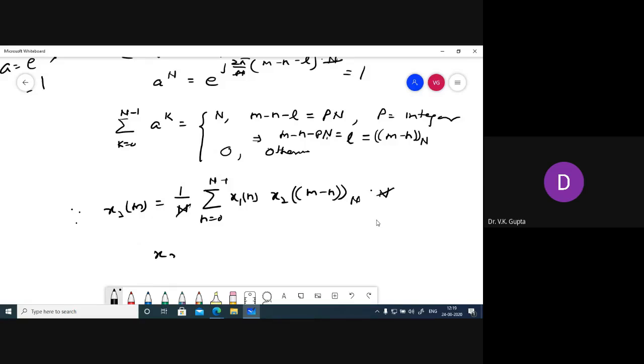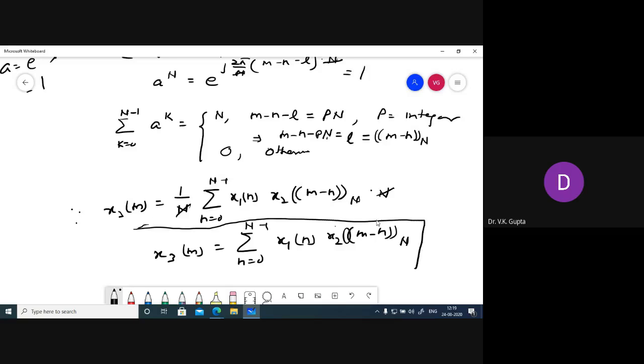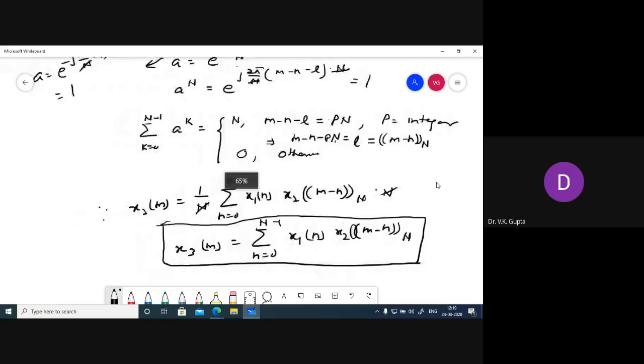Therefore X3(m) is sigma n equal to 0 to N minus 1 x1(n) x2((m minus n) modulo N). This is the circular convolution of the two sequences x1(n) and x2(n).